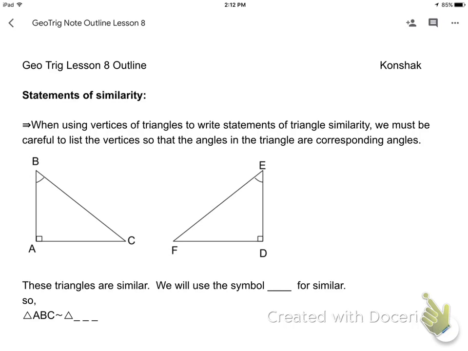But that statement would actually be false, because I'm going to list them as ABC, or ACB, or CAB, or BAC, or BCA. There's like 6 different ways I can state the left triangle. That means there are 6 different ways that I can state the right triangle. They need to correspond. I need to go in the same order. And that order has to be of their angles.